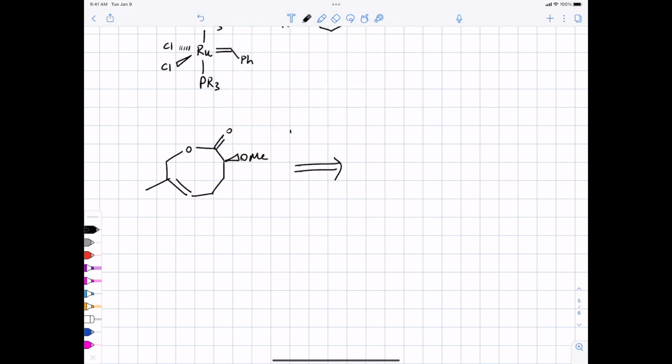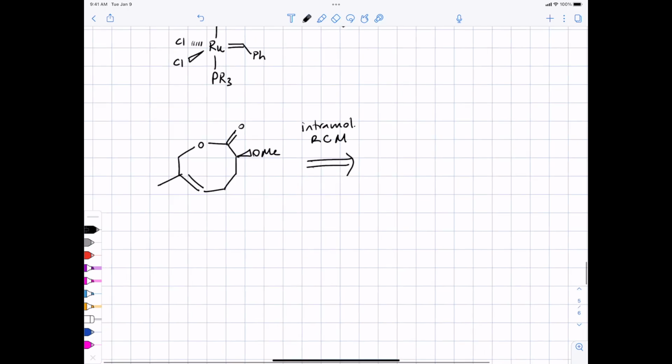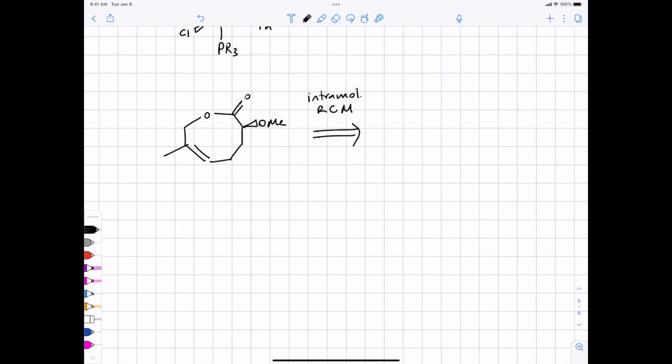Suppose I want to do this by an intramolecular ring closing metathesis reaction. RCM stands for ring closing metathesis. How do you show what the starting material would have been? Take the 2 carbons that are involved in the double bond.